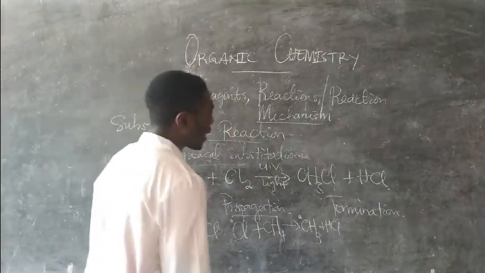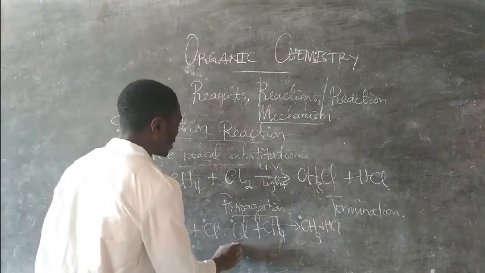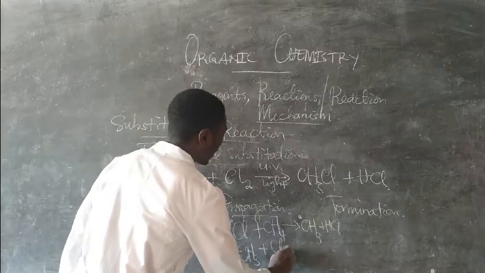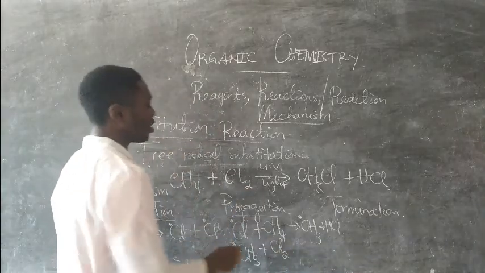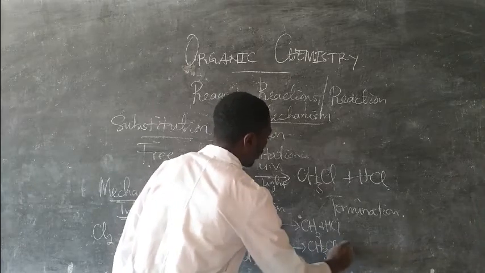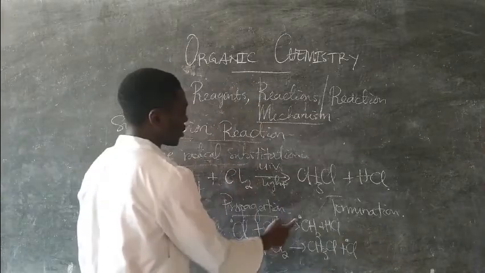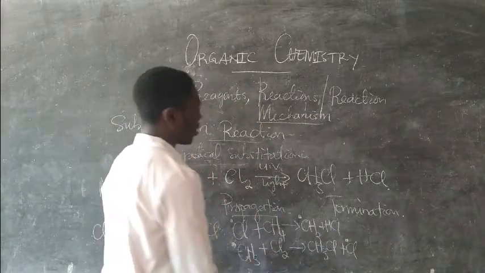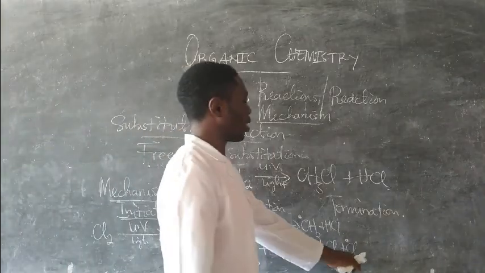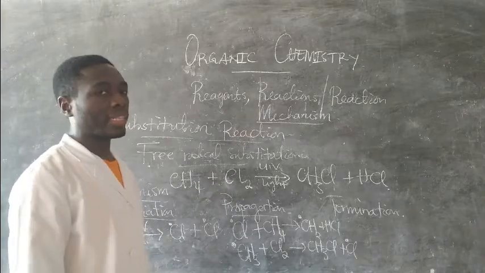Now, we say that radicals are being consumed and radicals are being produced. This CH3 radical will react with chlorine molecules which are present to produce CH3Cl plus another chlorine radical, which can now undergo further attacks.